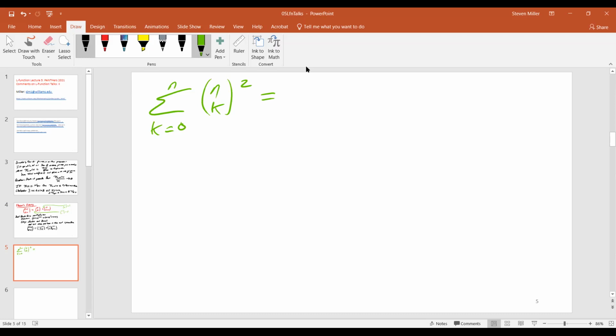So it's good that nobody is immediately shouting out the answer. Does anybody know another way of writing n choose k? How else could you write n choose k? N choose n minus k.